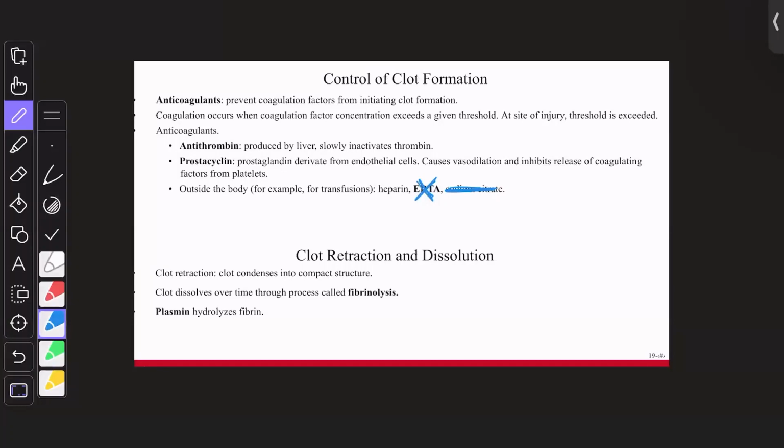Hydrolyze is a derivative of hydrolysis, which is a reaction that breaks down things by adding water. So anytime you see hydraulic or hydrolyzes or hydrolytic, you'll see a lot of variations of that. That's all hydrolysis. Make sense?